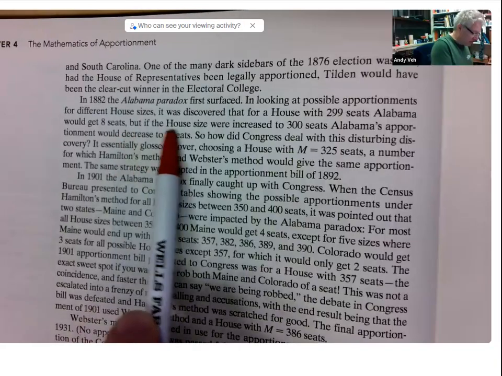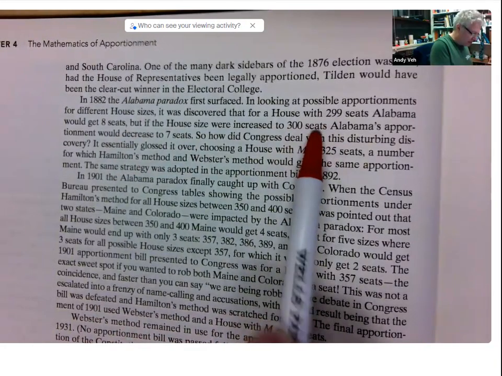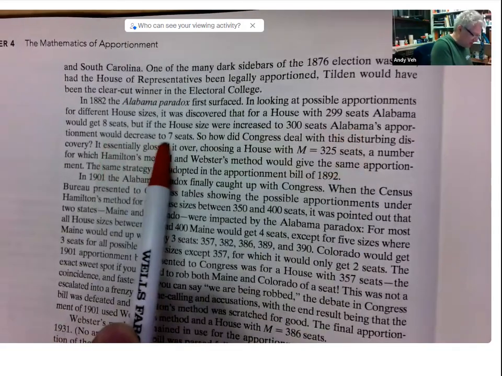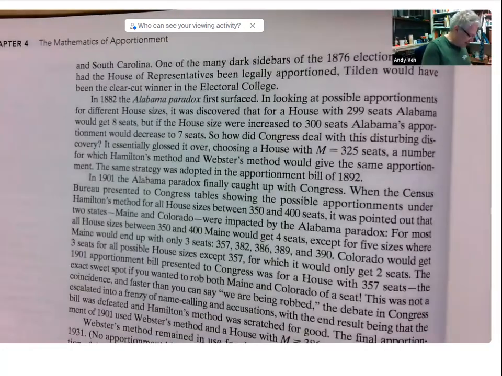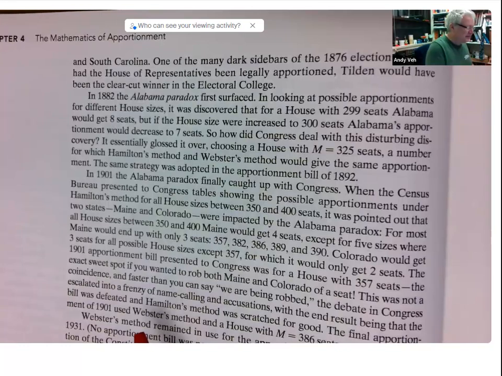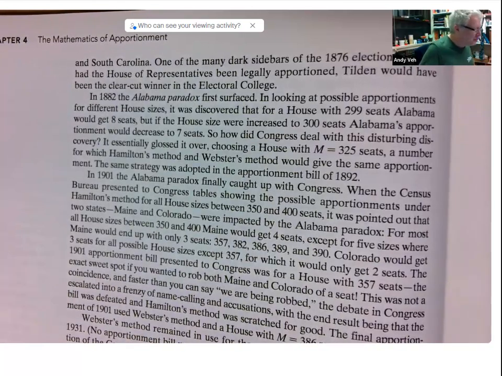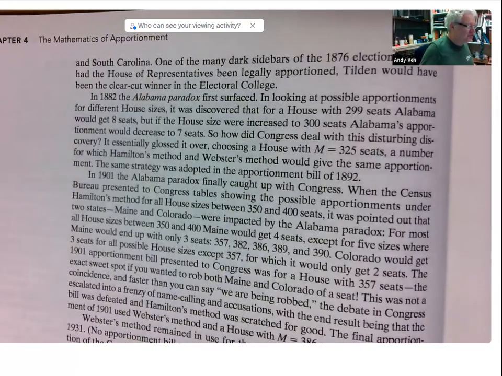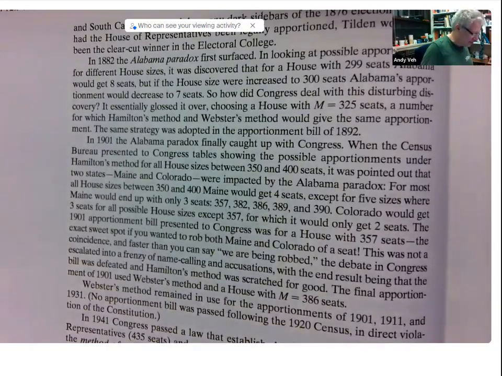But if the house size was increased to 300 seats, Alabama's apportionment would decrease to 7 seats. So according to the method they used back then, it produces a paradox. Add one more seat and one of the states actually would lose a seat, which means 2 other states would actually win one, right? The one, of course, the one more, and then the other one to make up for Alabama.